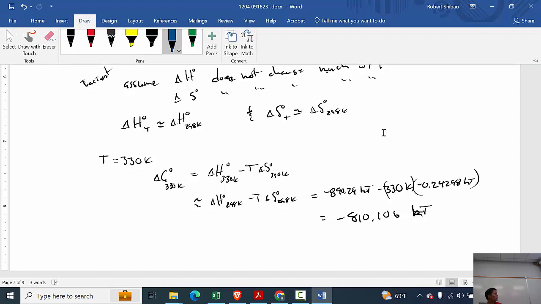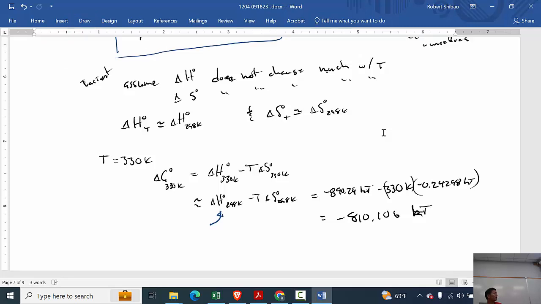The way we do that is, is delta H favorable or unfavorable? This is favorable. How about delta S? Is delta S favorable or unfavorable? It's unfavorable. And we have a weighting factor T here. If I make T bigger, overall it's going to make the whole thing less favorable, more unfavorable.